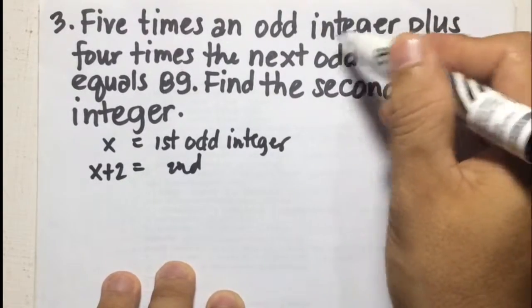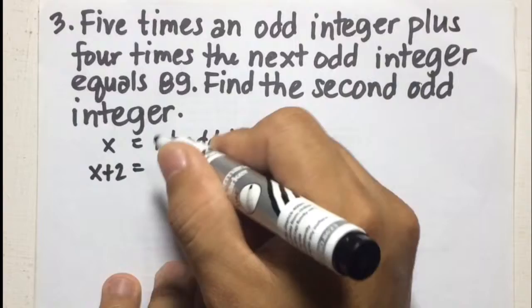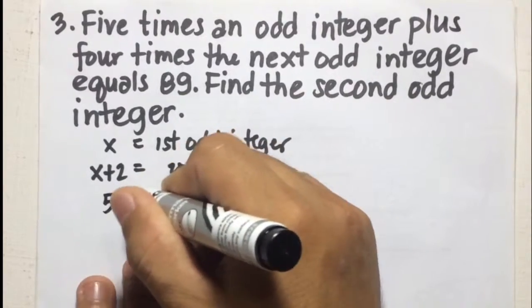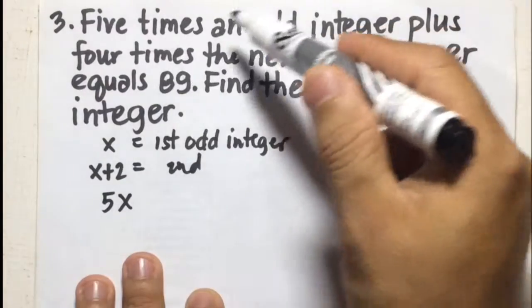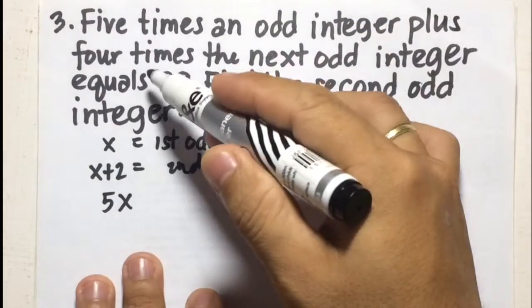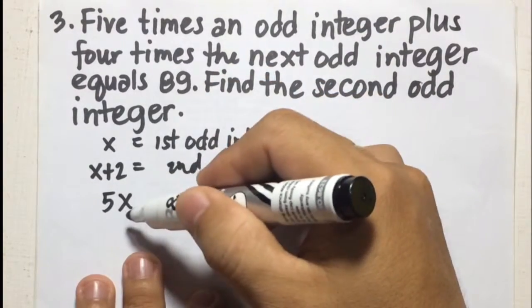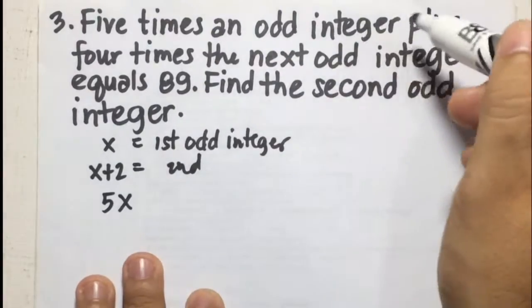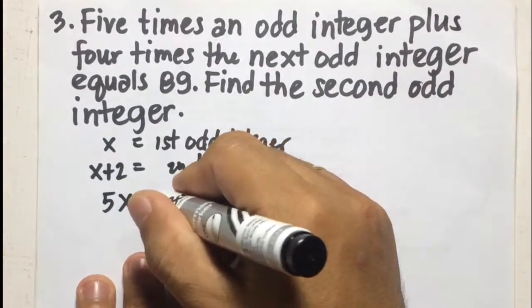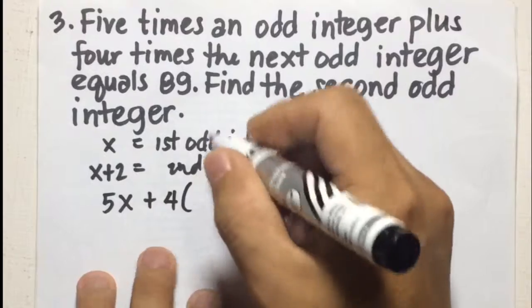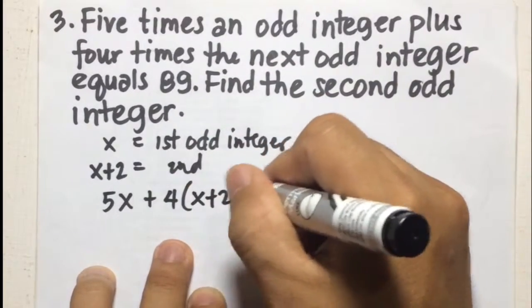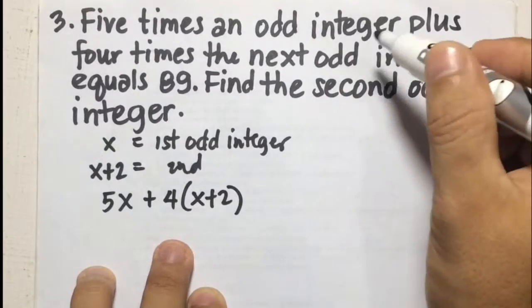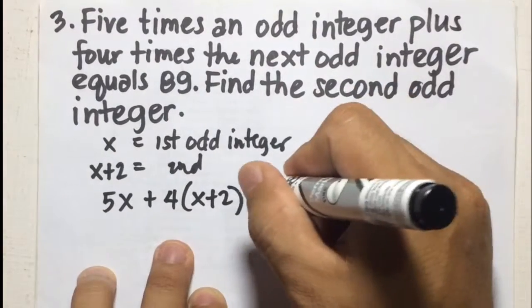So going back to the problem, 5 times an odd integer. This one is the first integer, so 5 times that will be 5x. Plus 4 times the next odd integer, which is x plus 2, equal to 89.